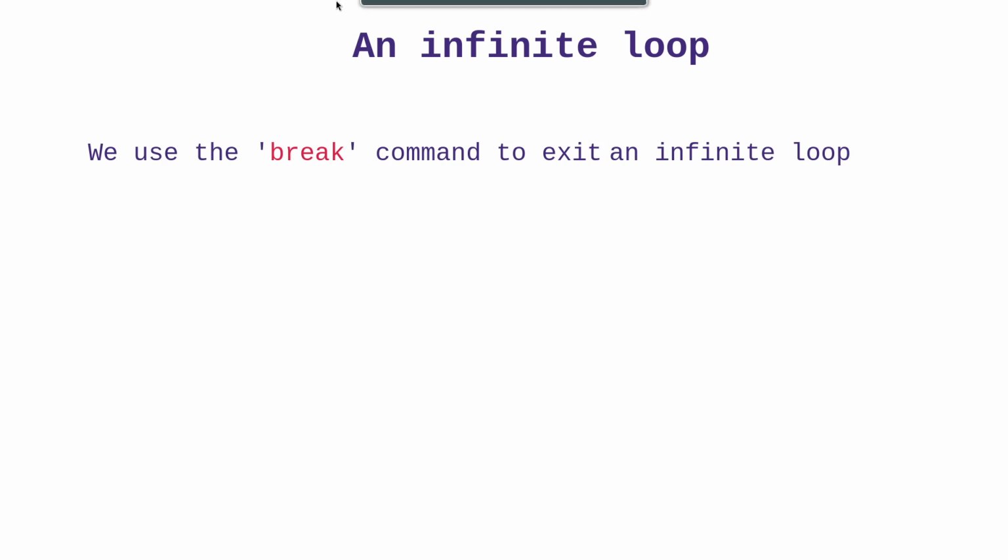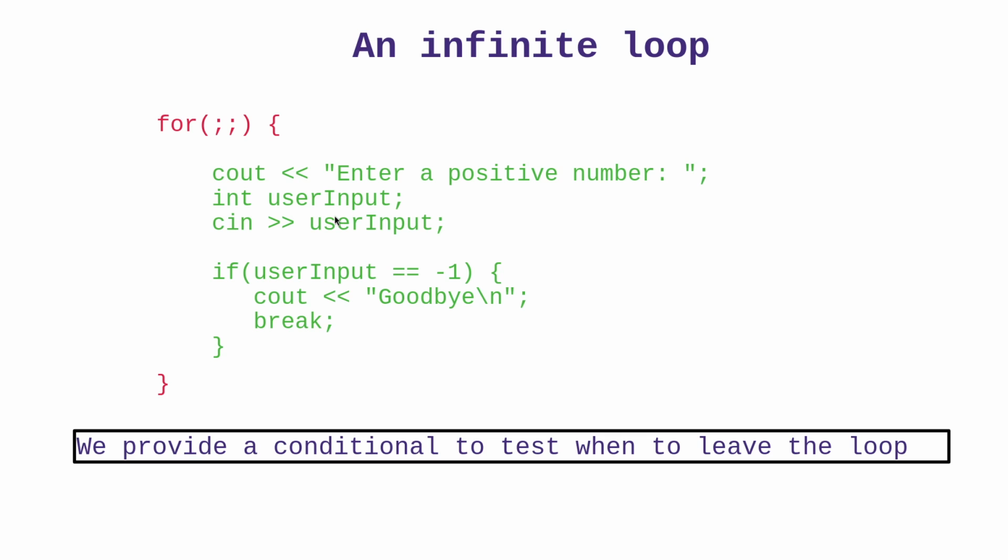To do that, we're provided with the break keyword, or the break command. After I have received the input, I can provide a test, such as if the input provided is the same as -1, then I want to say goodbye and then break.